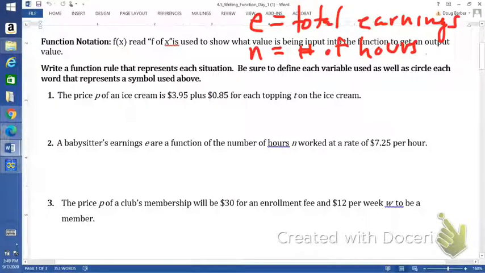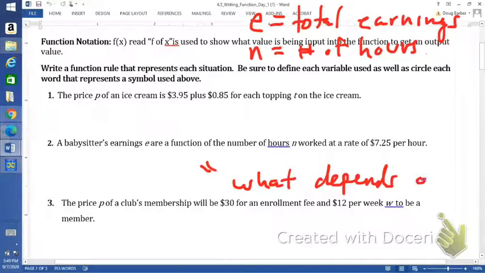Alright, so we've got to write a function rule. So here's what you're going to ask yourself. What depends on what? So does the number of hours that you work depend on your total earnings? Does that make sense?